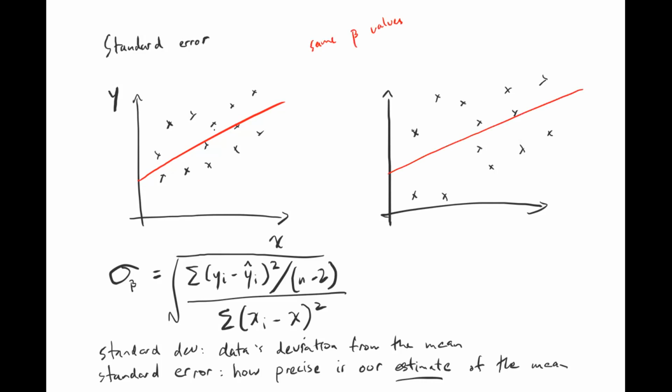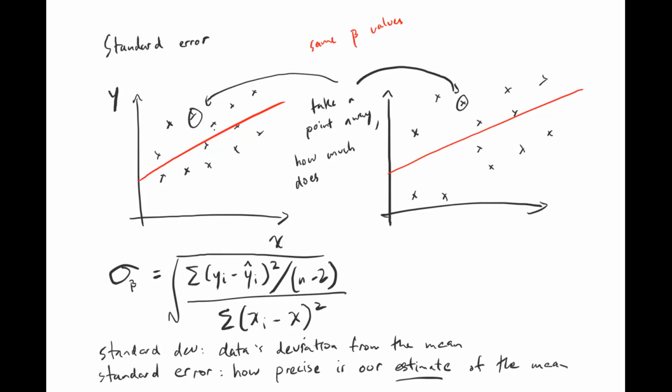So let's suppose hypothetically that I were to take a point away. How much does your beta change? And so hopefully you can see that the contribution of a particular point and its influence depends on the distance, right?